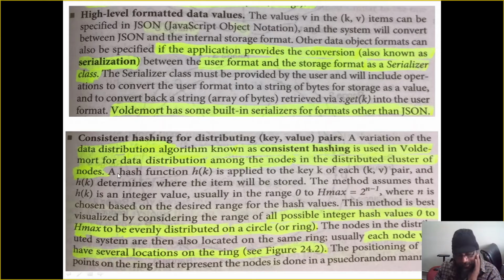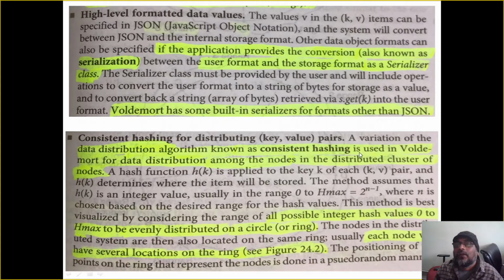We have a distributed cluster, we have several nodes here, and we want to distribute key value data among them. So one algorithm has been designed, and this is called consistent hashing. It is a variation of data distribution algorithm. Roughly we can say it is a data distribution algorithm, but it has some features and abilities.